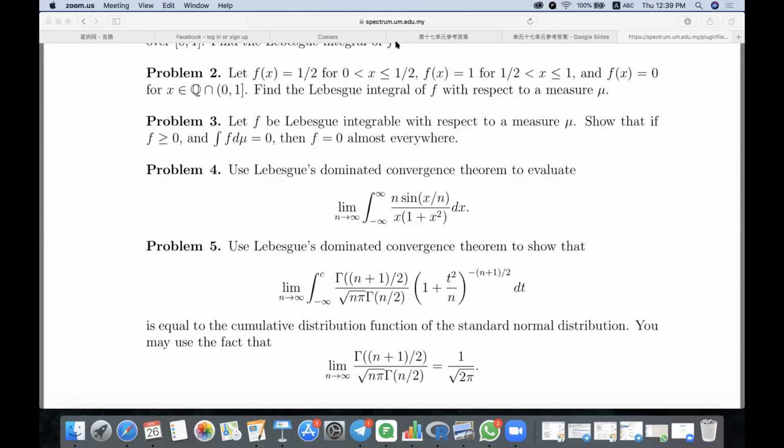Common limb, are you here? Not yet. Okay. So you do question 5, yeah? Try it.